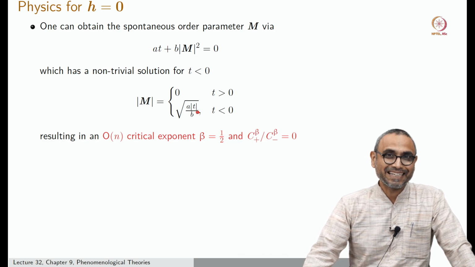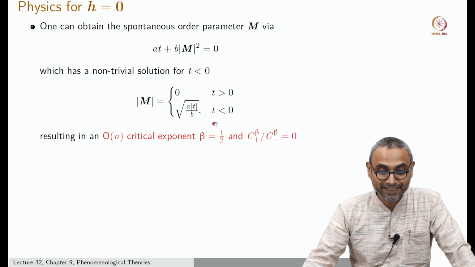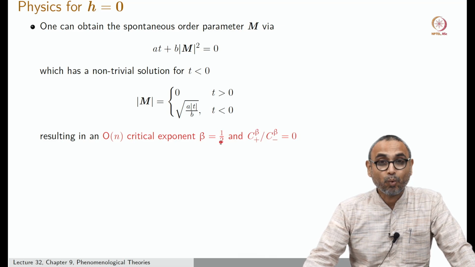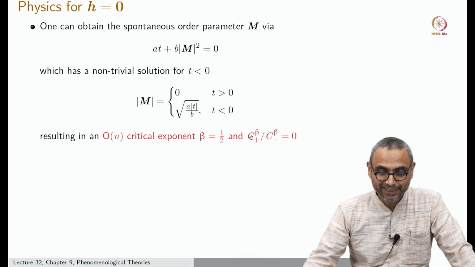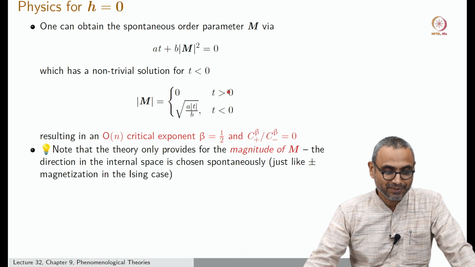So immediately, with very little effort, we have discovered that the critical exponent corresponding to the order parameter, which is beta, is 1/2, and this quantity C beta plus by C beta minus is 0, because there is no magnetization for t greater than 0.